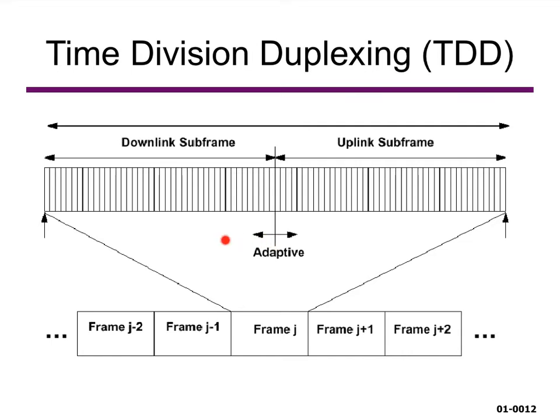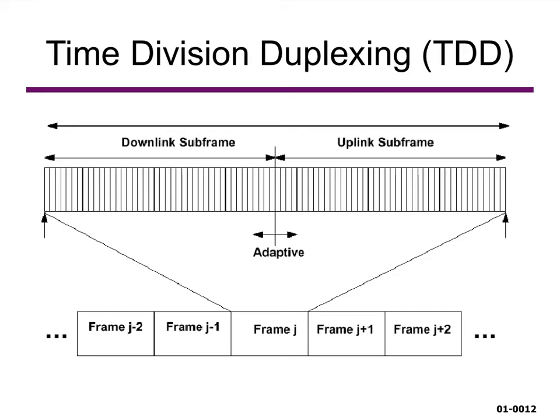So by controlling the size of the downlink frame or the uplink frame, we can provide either symmetric communication if they are the same, or asymmetric communication, which is geared towards giving more throughput or more data rate for upload or for download.